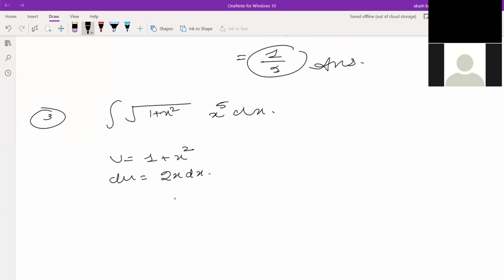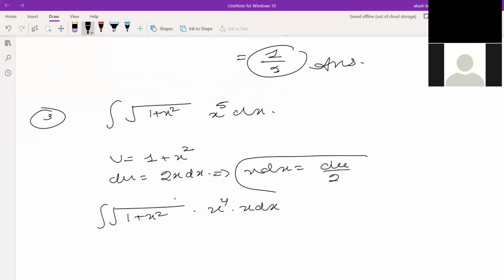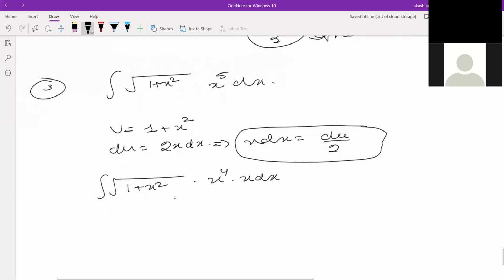Can I break down x^5 as x^4 times x dx? Because I know x dx equals du over 2, so I can replace x dx with du over 2, and 1 plus x square with u. So the only thing I need to replace here is x^4.